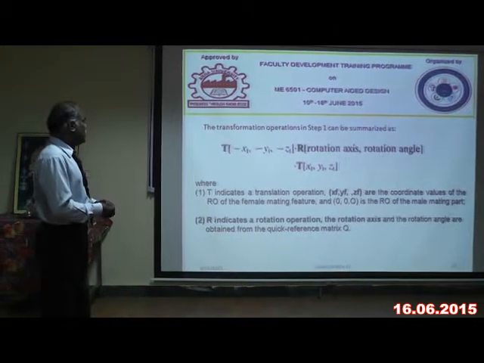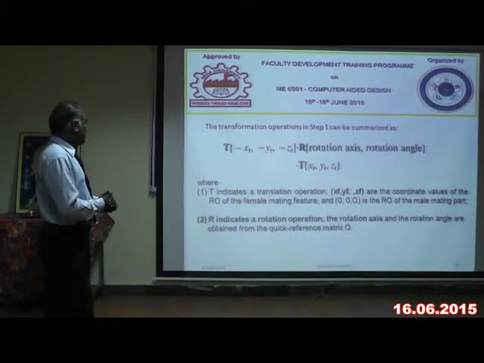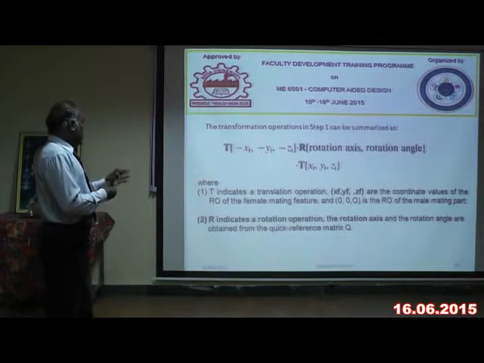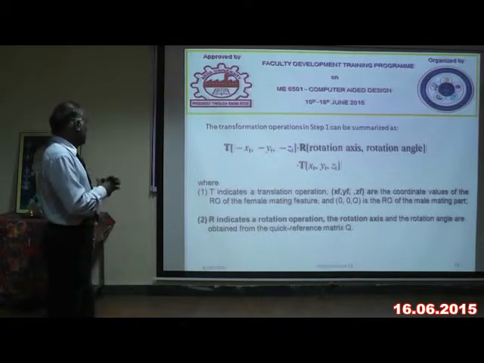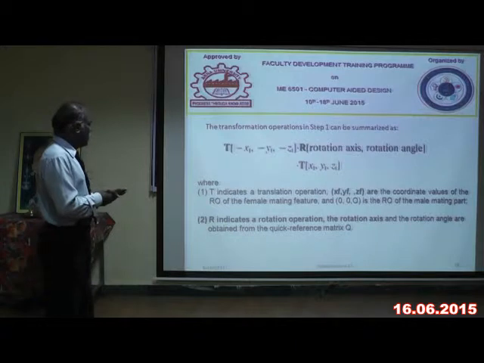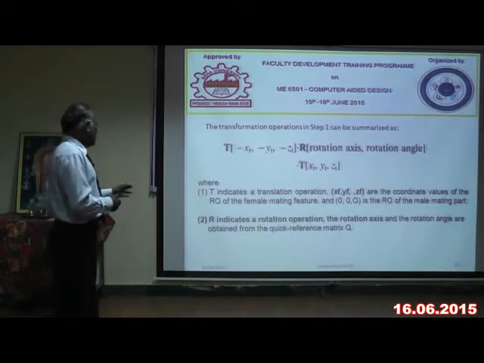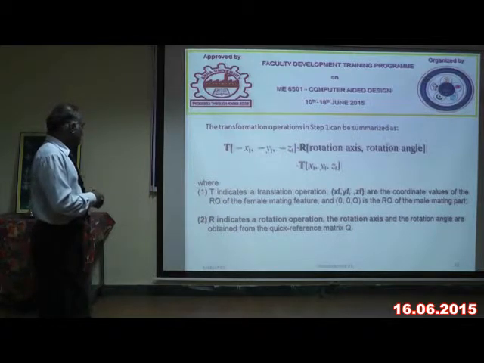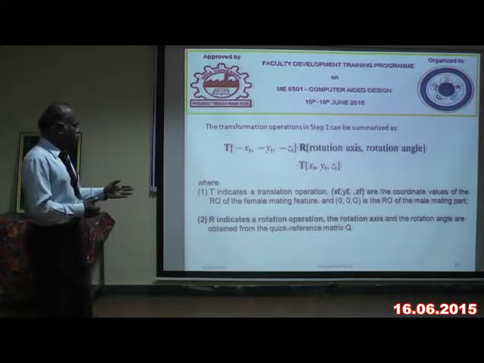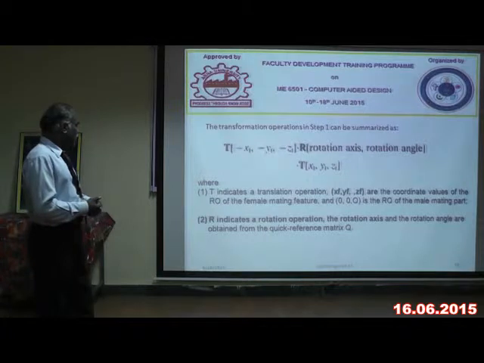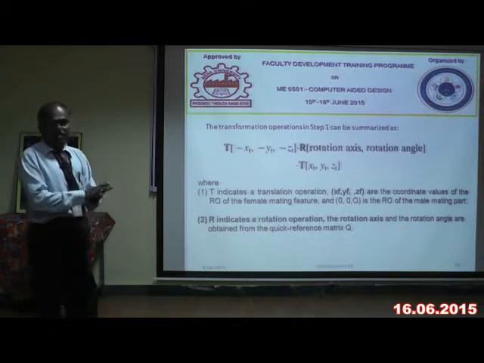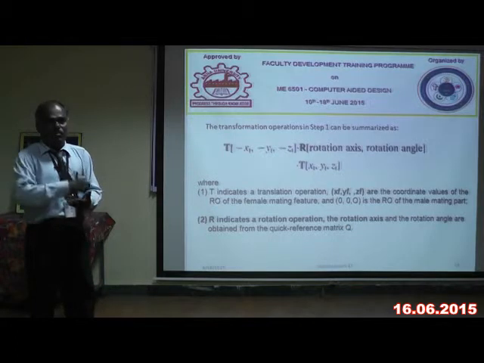The transformation operation in step 1 can be summarized as follows. The leftward direction is denoted by negative signs, T indicates the transformation operation, and X_F, Y_F and Z_F are the coordinate values of the reference origin of the female mating part, and 0, 0, 0 is the reference of the male mating part. The male mating part is fixed and the female part is movable.